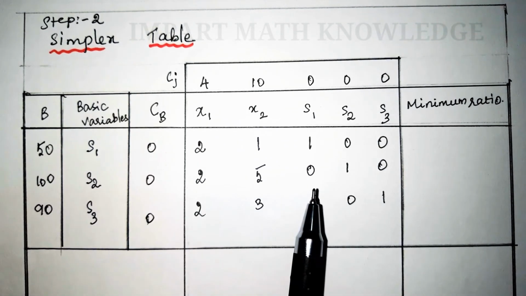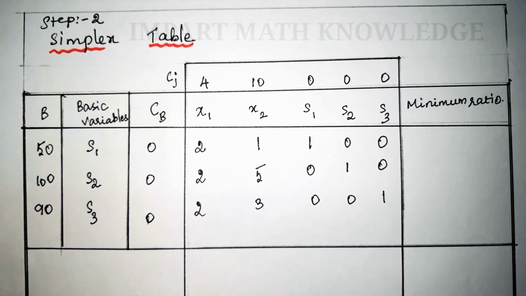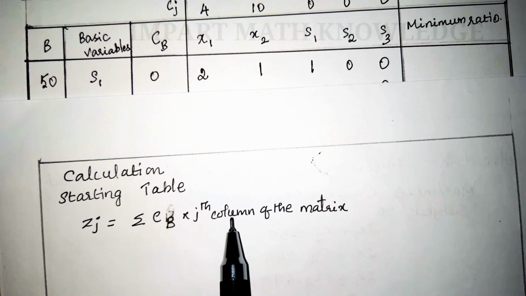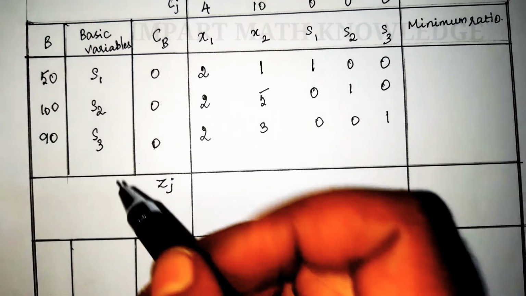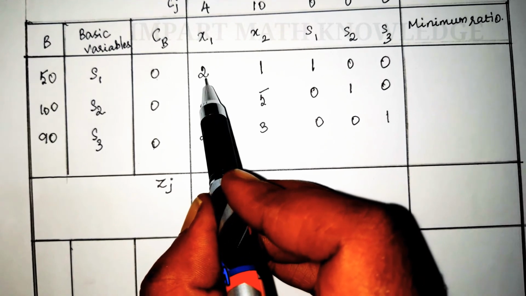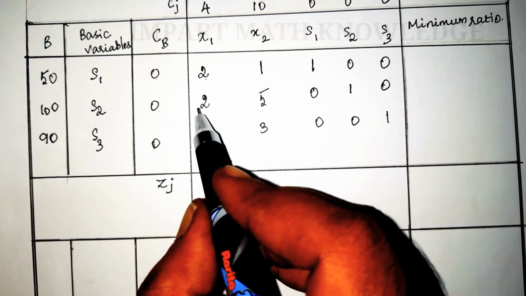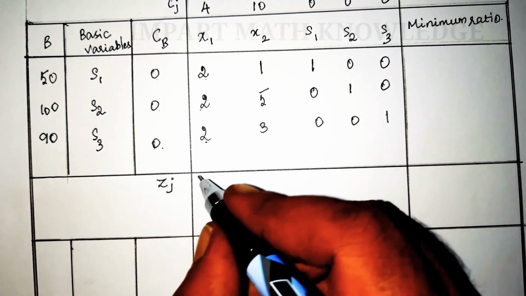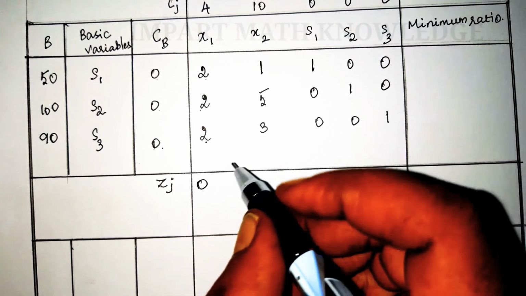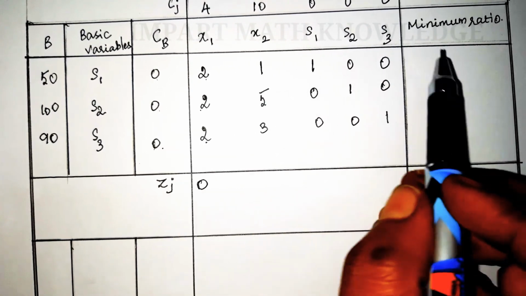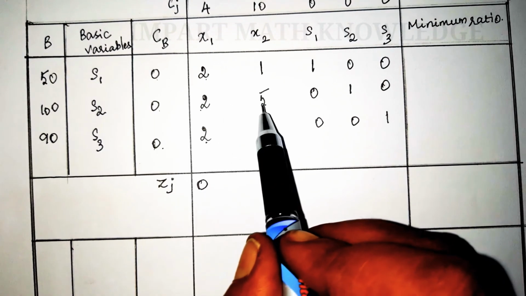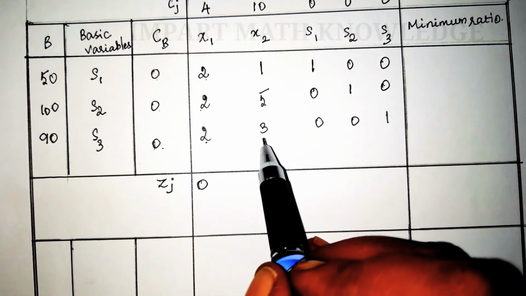Once you enter all the values, you have to find Zj. The formula for finding Zj is sigma Cb into jth column of that matrix. That is 0 into 2 plus 0 into 2 plus 0 into 2. The value is 0. Same way you can do with all the columns. 0 into 1 plus 0 into 5 plus 0 into 3.